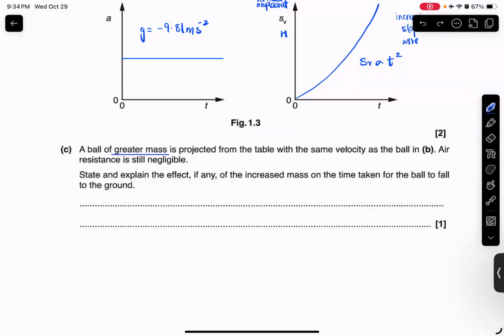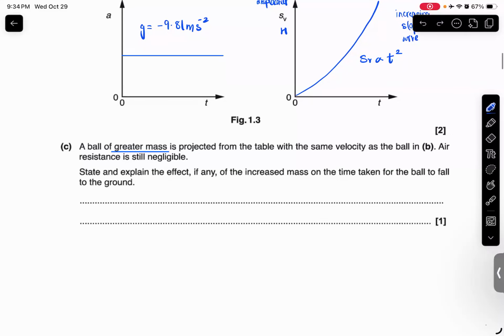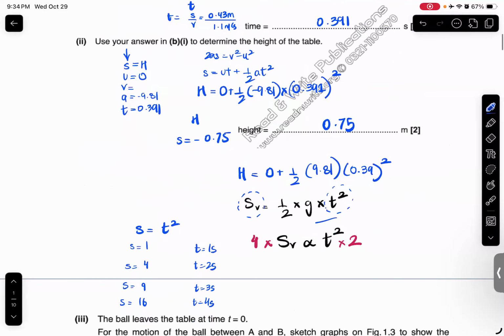Okay. Yes, Aris, you were saying something? I was saying that it won't change. Okay. It absolutely won't change. It will have no effect because if you notice in this equation, if you calculate for time, there is no component of mass anywhere in any of the equations of motion. v = u + at, no mass. s = ut + ½at², no mass. 2as = v² − u².